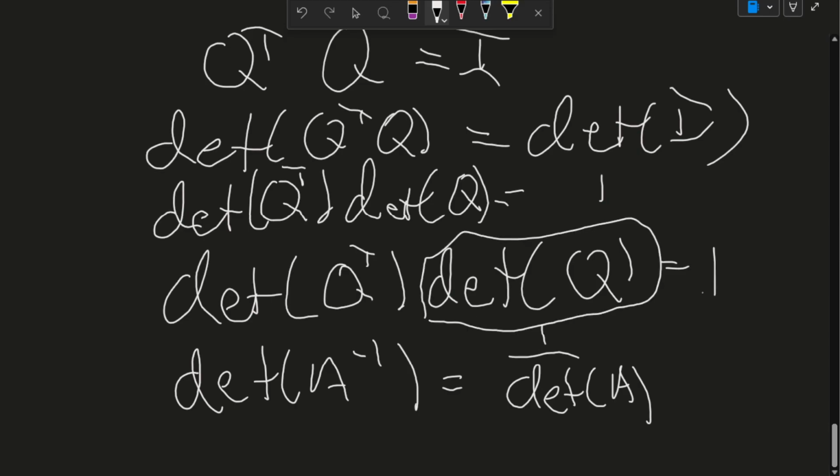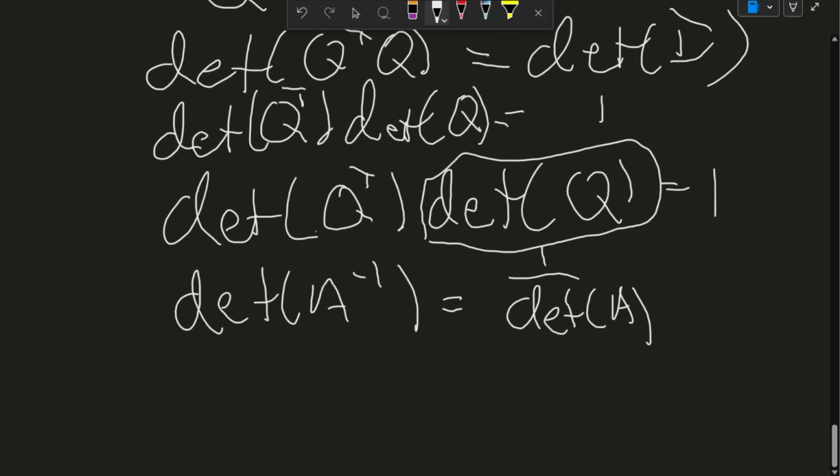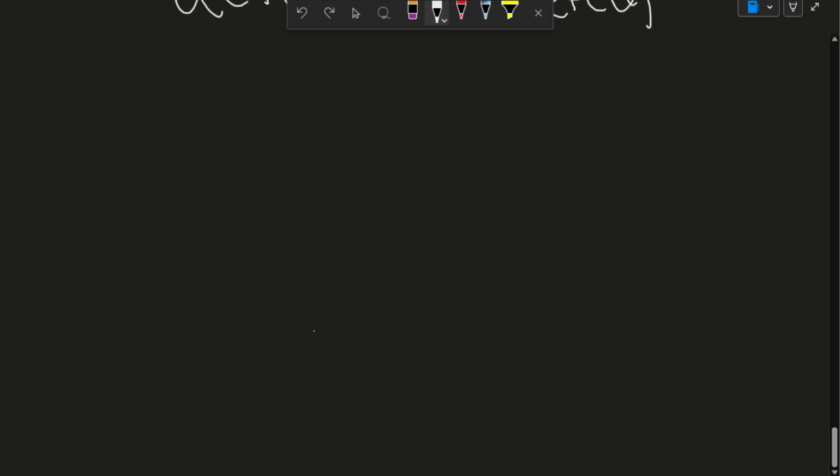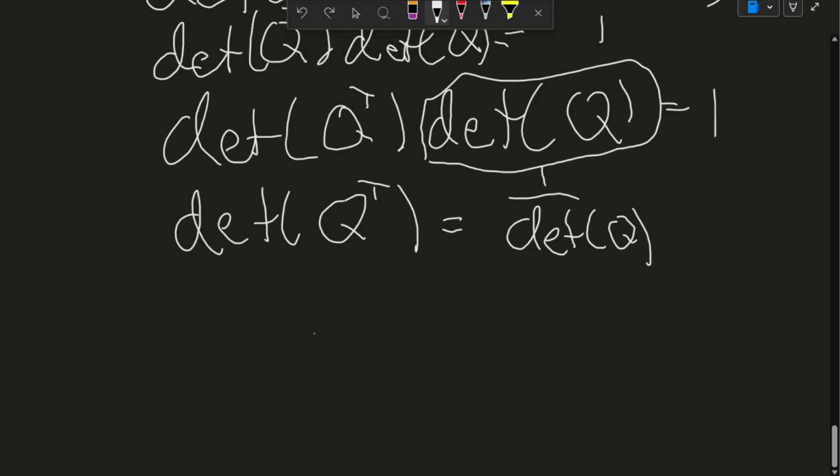If I divide the determinant on both sides, I'm going to get this exact thing for Q. So actually, let's just work with Q. Okay, so we have this here real quick.